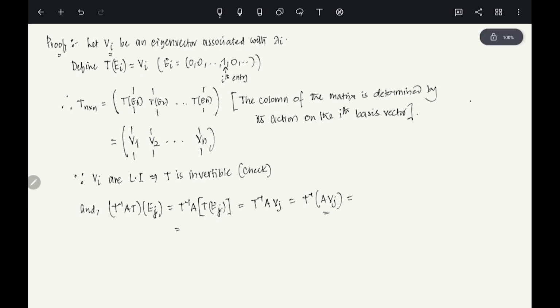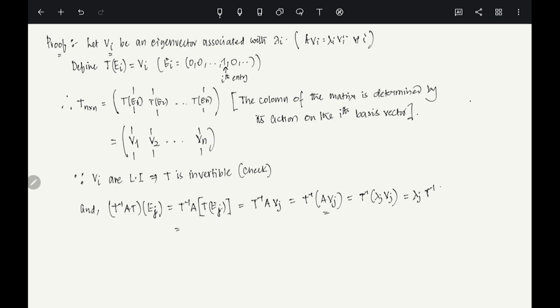So this is nothing but T inverse of lambda j Vj, because since Vi is the eigenvector associated with lambda i, A of Vi is nothing but lambda i Vi. So this holds for all i. Clear? Now T is a linear transformation, which implies T inverse is also a linear transformation. So I can take this lambda j, that's a constant, a scalar.